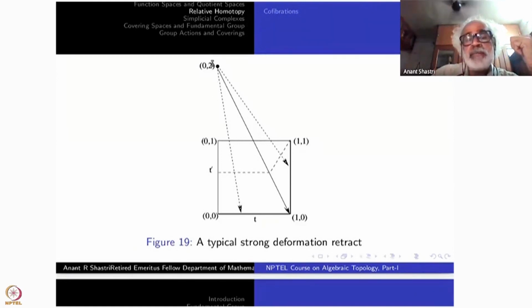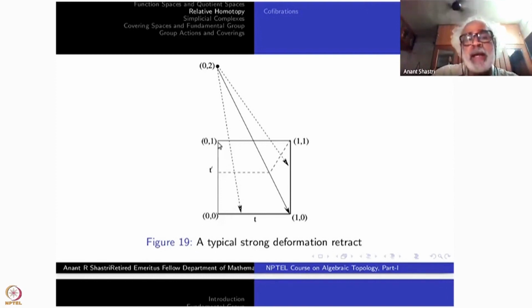Then if this is a transparent thing, my eyes will see all the way to the bottom here. So this line will tell me what I should do. So take a point here. I am going to push this point slowly to this point.